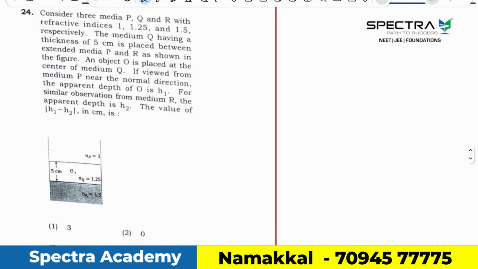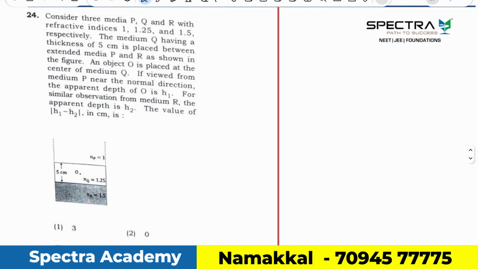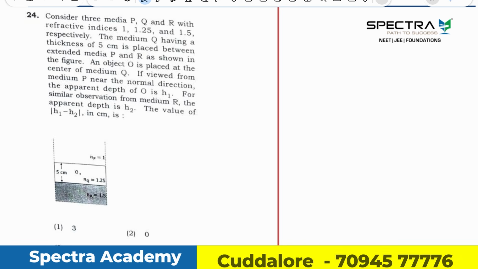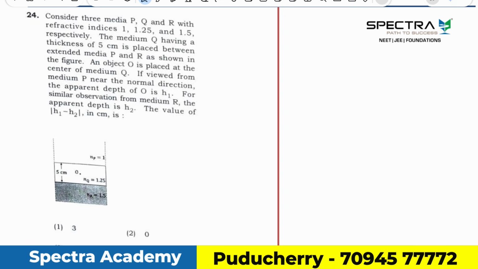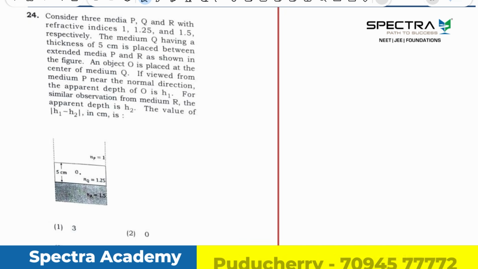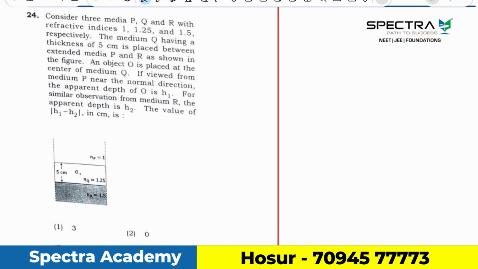You are asked to consider 3 media, which are P, Q, R, with refractive indices 1, 1.25 and 1.5 respectively. The medium Q, having a thickness of 5 centimeter, is placed between extended media P and R as shown in the figure.